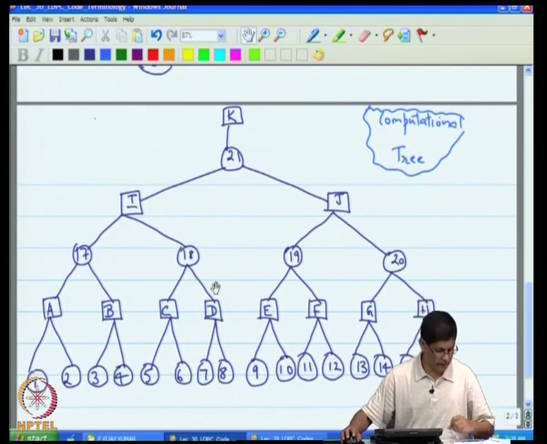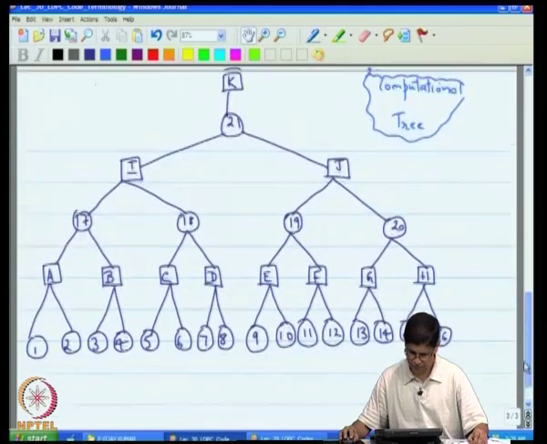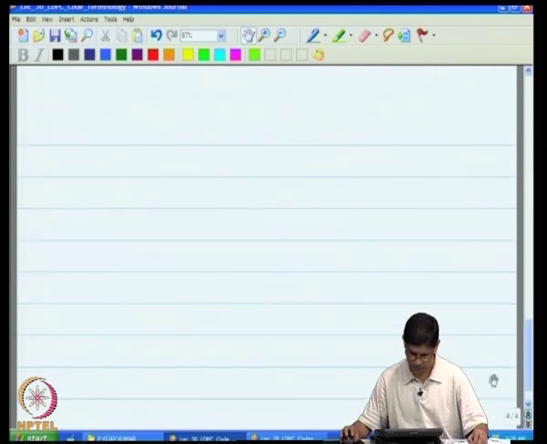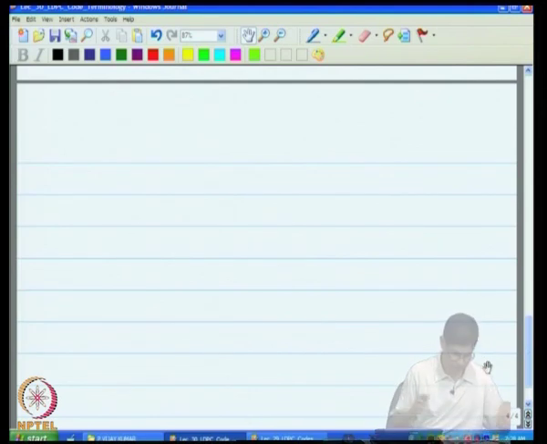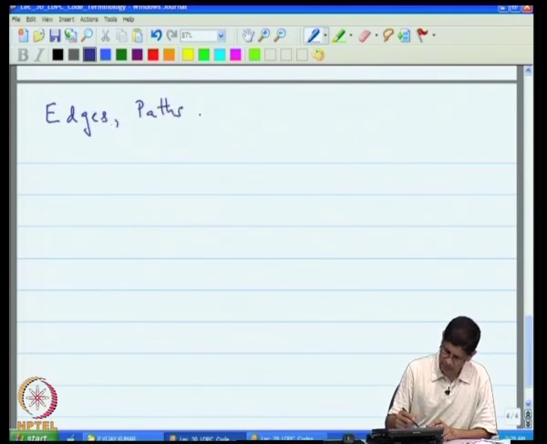Okay. So, we will actually make formal definitions of these right now. So, I will call this edges, paths and neighborhoods.